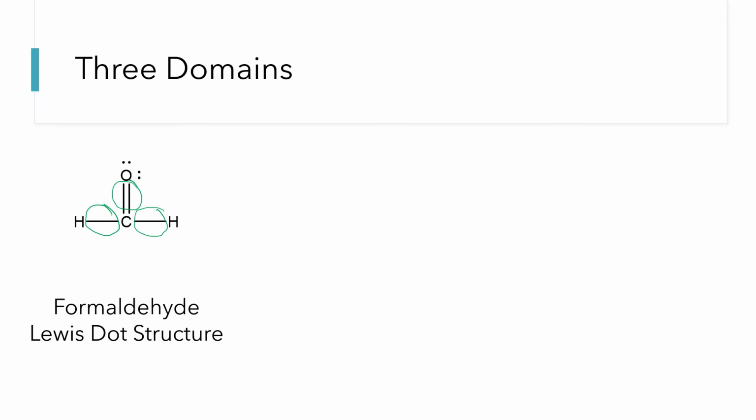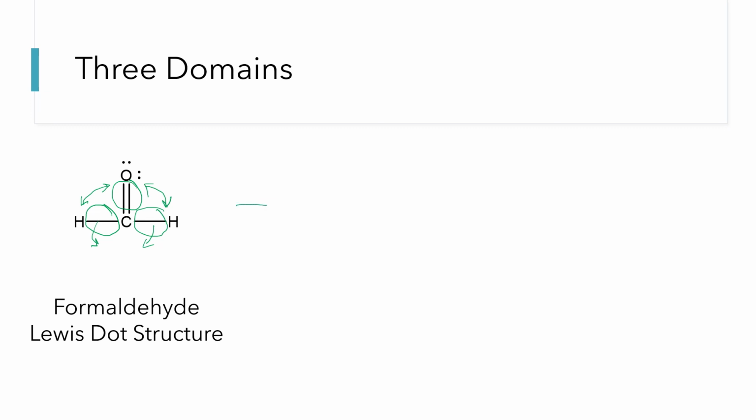But think about how the electron domains repel each other. The domain between the C double bond O and the CH will be pushing, and likewise over here on the other side they'll be pushing against each other. That's going to cause these single bonds to move down a bit, and they'll move until they start pushing against each other down there at the bottom.